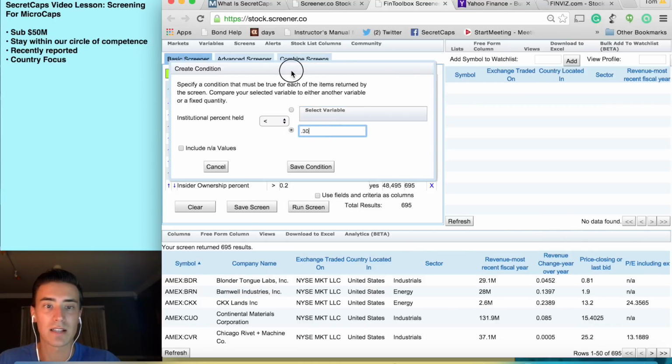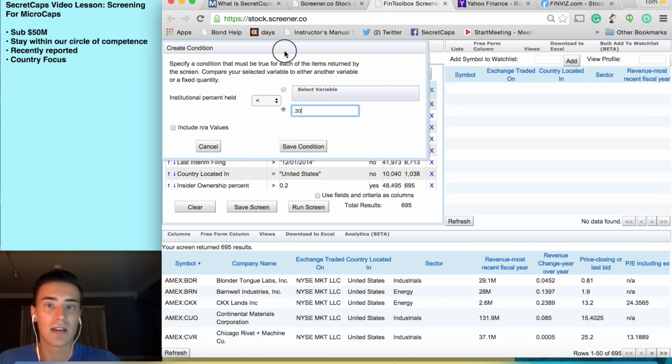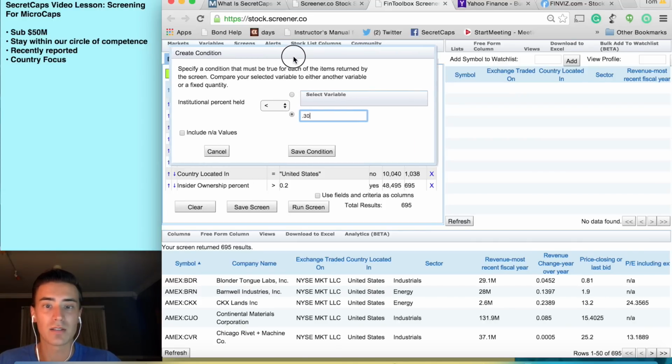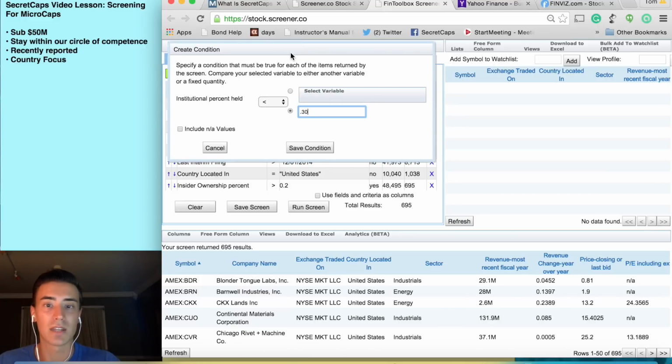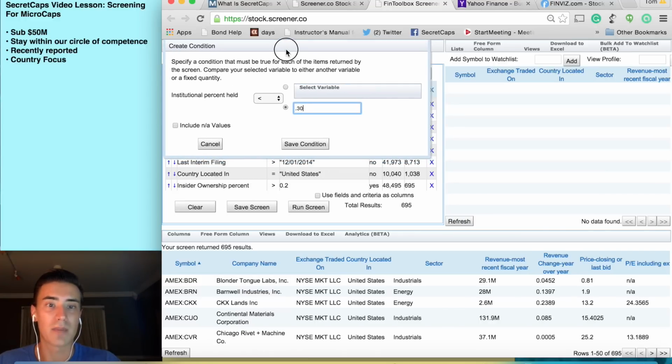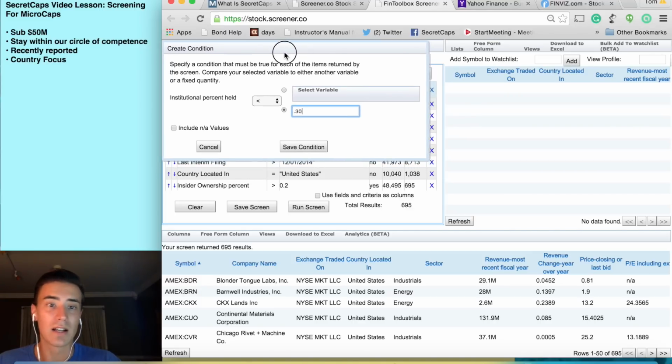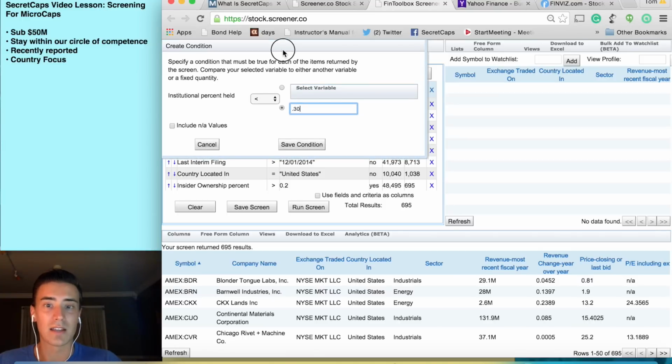The reason for this is I like finding companies before analysts know about them and before Wall Street's aware of them. Another reason I do this is because institutions can't sell what they don't own. So they can't manipulate a company, they can't rock it, they can't sell it off, and if the market tanks, and there's not a lot of insider holdings or institutional ownership for that matter, they can't sell it, so that helps.